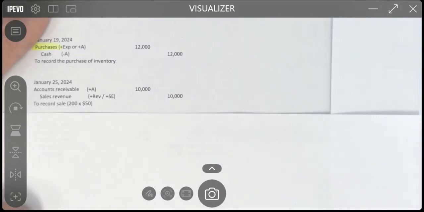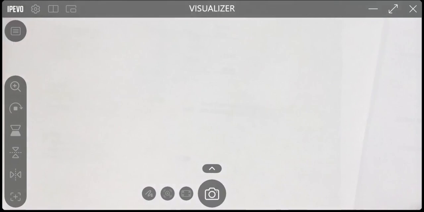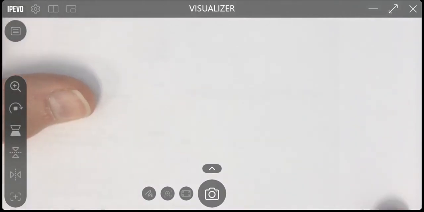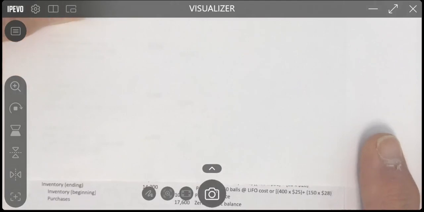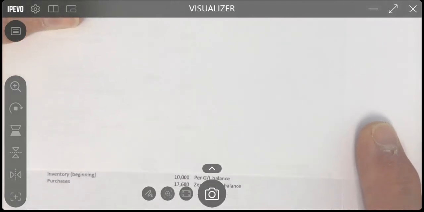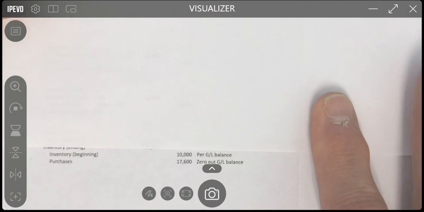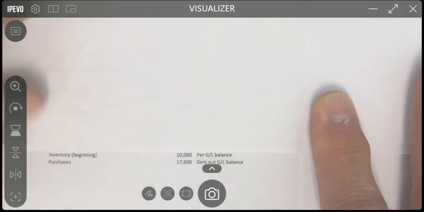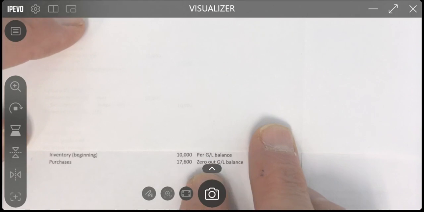This time, periodic system, LIFO cost flow assumption. So as always, step one is to zero out via a credit the beginning inventory balance and the purchases balance.